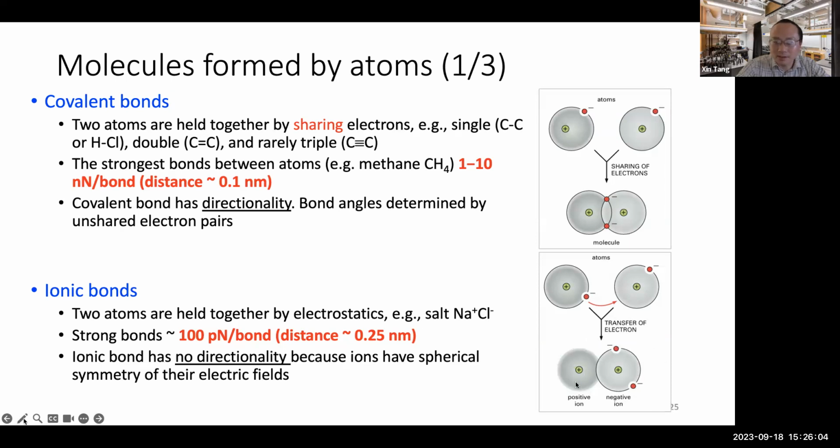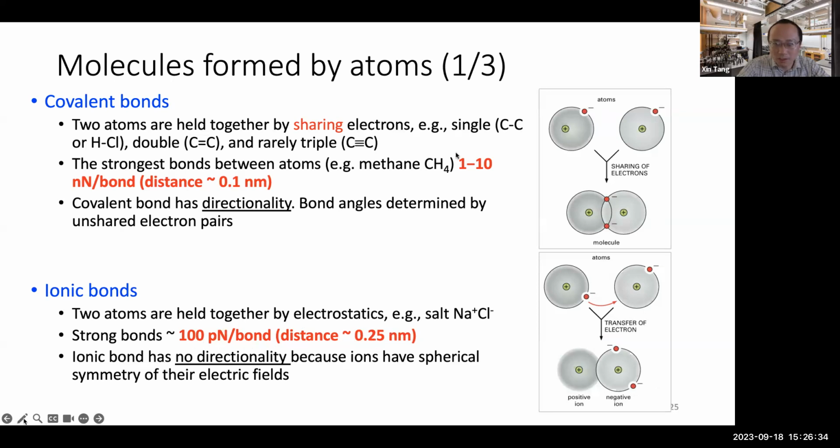So that means the ionic bond between these two does not have directionality. They can go in different directions; they don't have a persistent direction. So this is a non-directional bond. The bond is also very strong, about 100 piconewtons per bond.